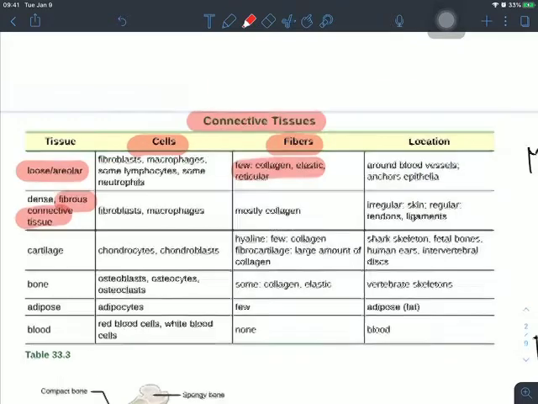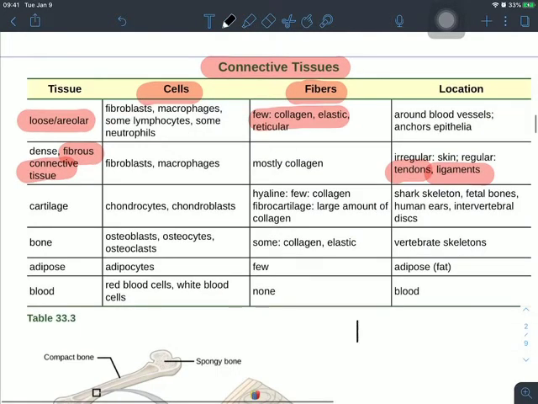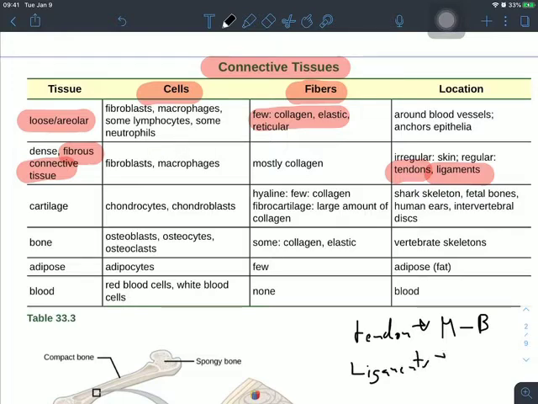This is the stuff that we'll see in our tendons and ligaments. Now, tendons are notable because they join two different structures together. Tendons are muscle to bone, and ligaments are bone to bone.